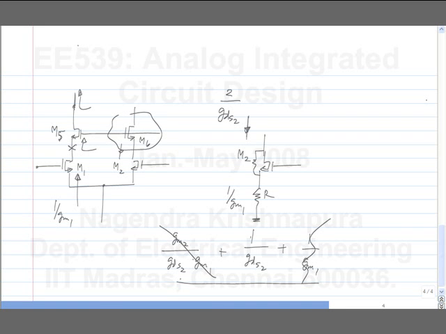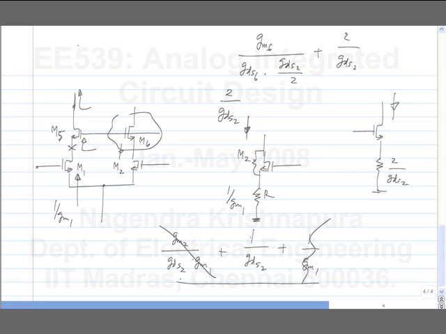So, M6 is degenerated by 2 by GDS2. What's the impedance looking down here? It's GM6 by GDS6 and GDS2 by 2, plus 2 by GDS2, plus 1 by GDS6.